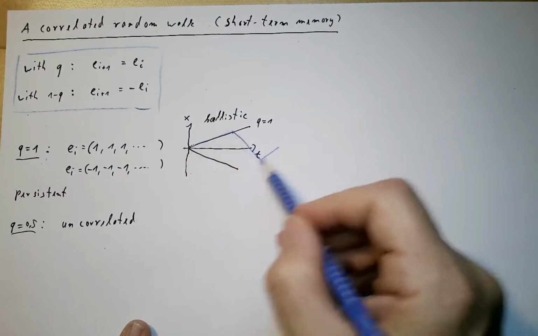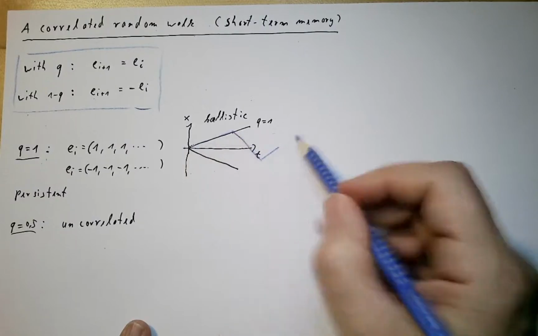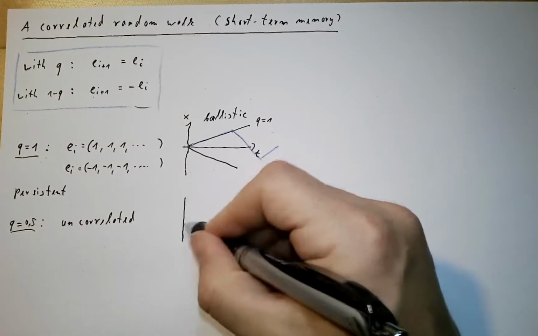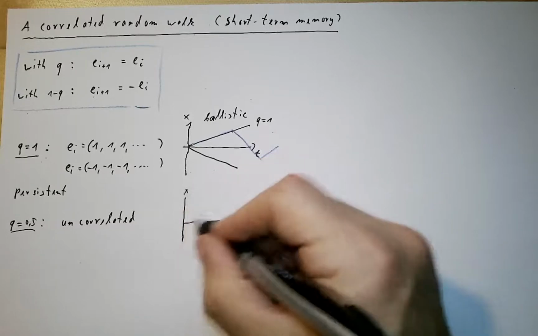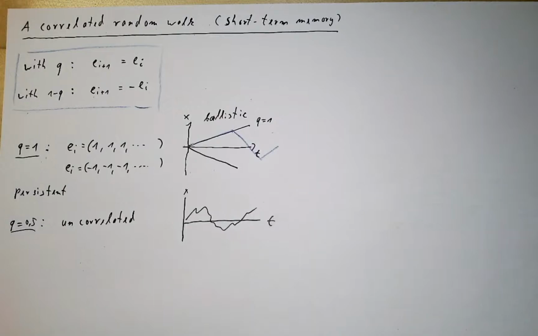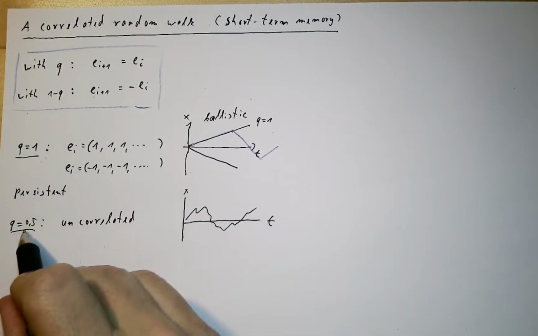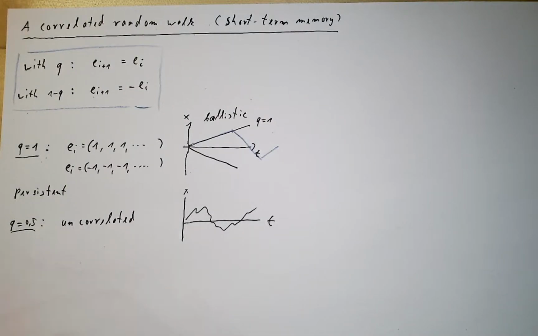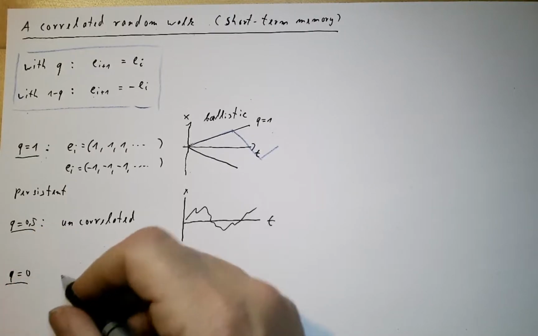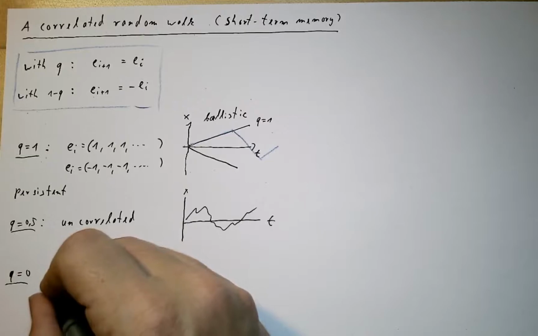So we have intersections of increasing and decreasing walks. For 0.5, we have the normal thing that we have seen very often. We just have our normal random walk, uncorrelated random walk. What's happening if q is smaller than 0.5? Q equals 0, and this is then anti-correlated.